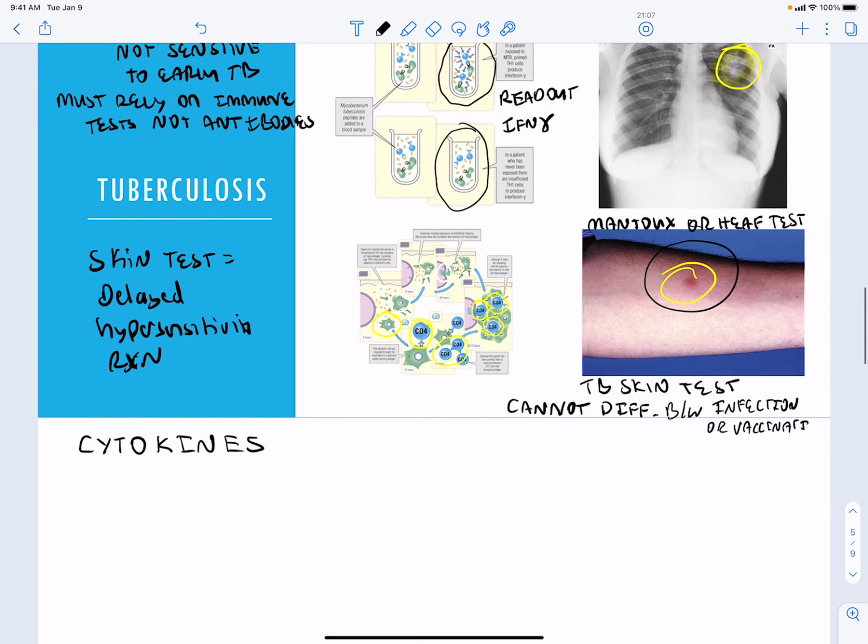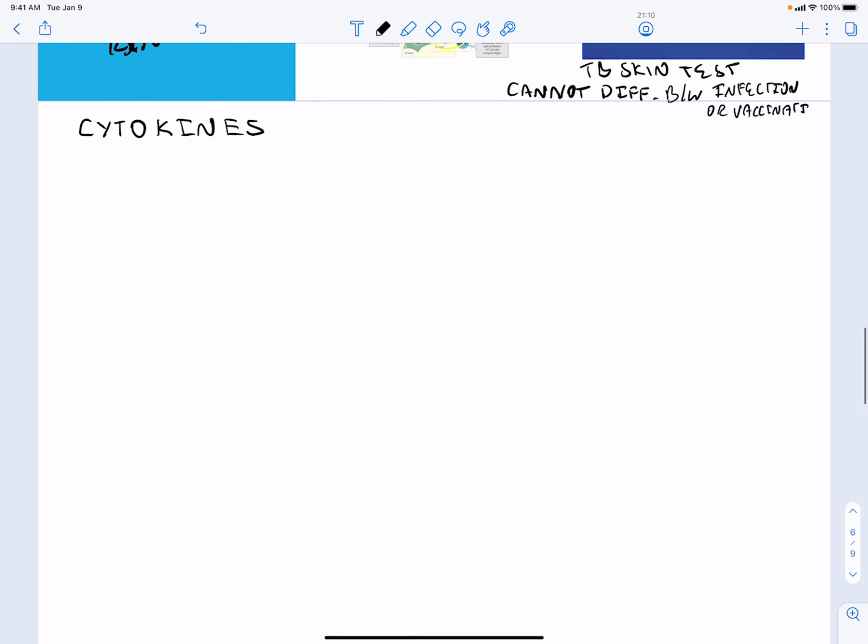Okay, so let's talk a little bit about cytokines. So we have with our cytokines a series that are going to initially get activated, and then they're going to sort of set the stage for the ensuing immune response. And so first we have, of course, our alarm system. And hopefully by now you understand that this is generally going to be our macrophage.